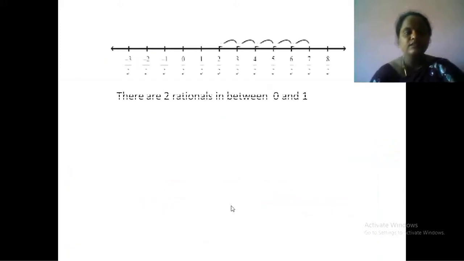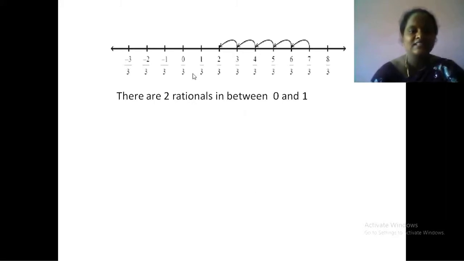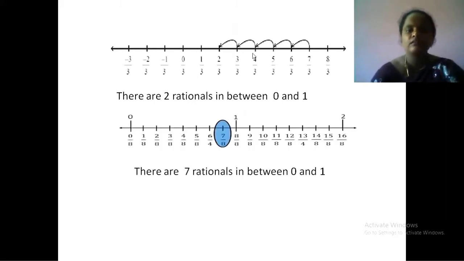See this one. I have taken a number line with all the rational numbers with denominator 3. Where are the integers? Integers are there, in another form: 0 by 3 is 0, 3 by 3 is 1, 6 by 3 is 2. Like this integers are there in another form. In between 0 by 3 and 3 by 3, which is nothing but 0 and 1, I have 1 by 3 and 2 by 3 rational numbers.